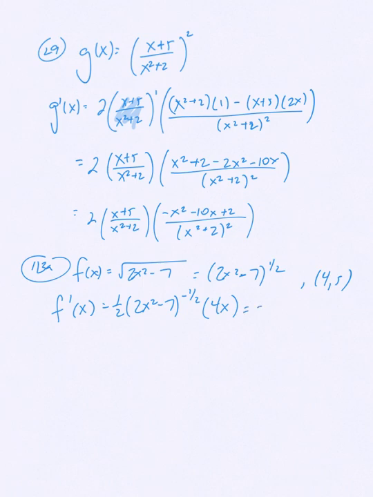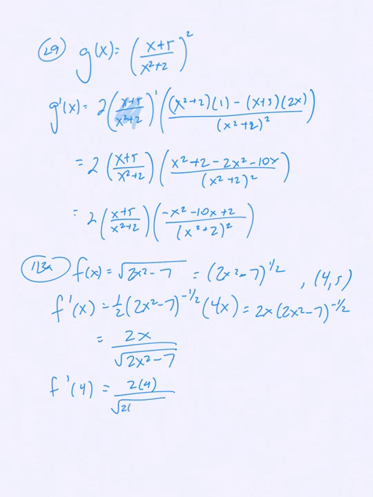So we've got 2x. So that is 2x over the square root of 2x squared minus 7. Now we need the slope at 4. So we substitute 4 everywhere we see an x.